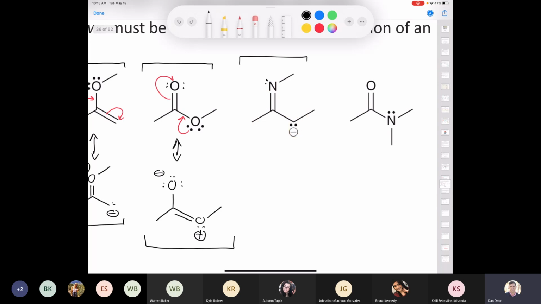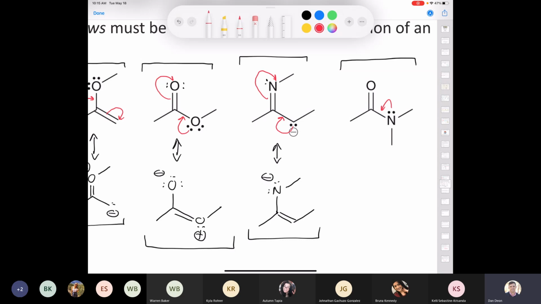So we take it, we form a new pi bond, we break this pi bond, and we put the electrons up here, allylic lone pair. So we draw the resonance contributor that we end up with, which will look like this. There we go. So now we have the negative charge up here. And we'll do the last one. This is an amide, and we'll show how there's a resonance contributor here.